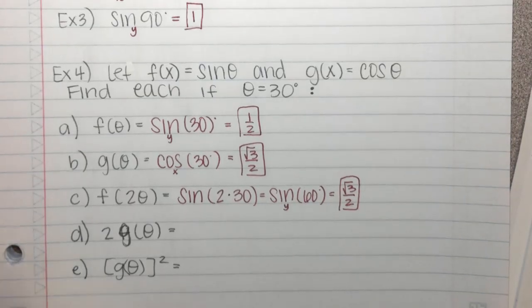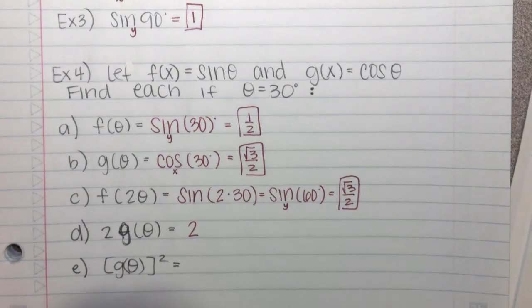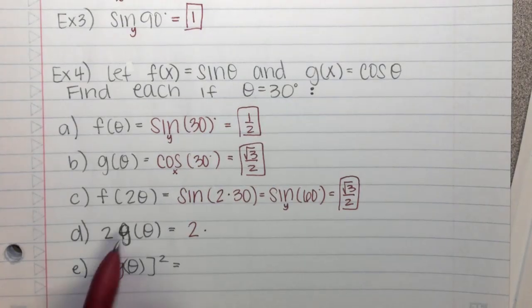How is that different than D? The 2's on the outside, so what's that going to do? Two stays outside, and we need to find g of theta.